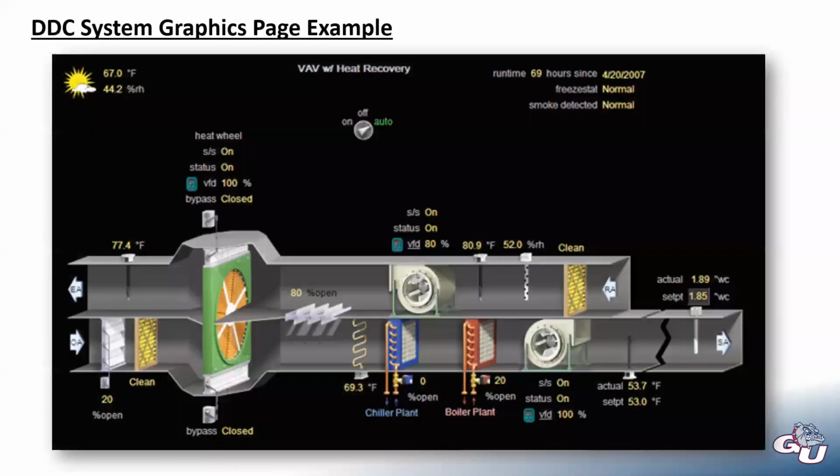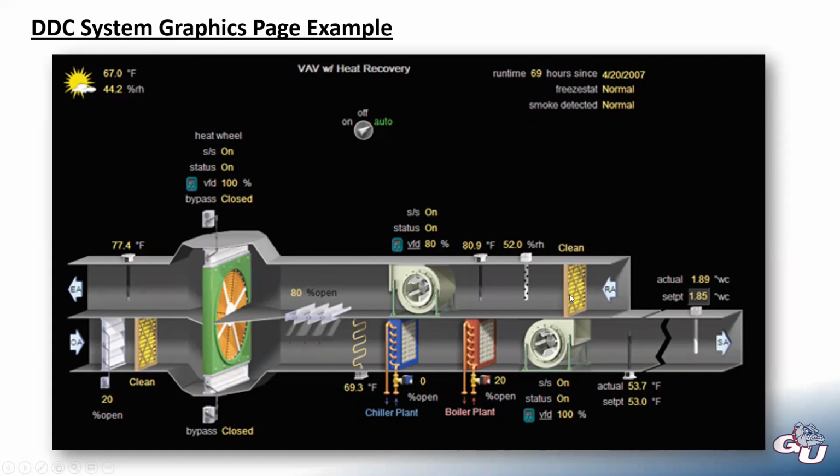This is an example of what a DDC interface would look like. So this would be one air handler. We can see we have our return air coming in, our filter. We can see our filter is clean. Normally the way they measure that is they look at the pressure differential on each side of the filter, so a little pressure probe on each side.